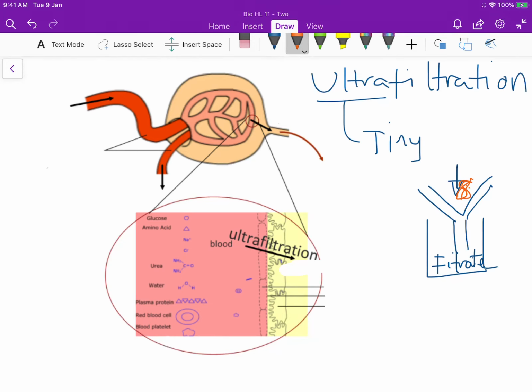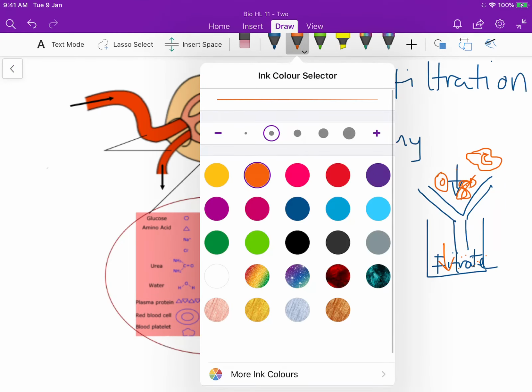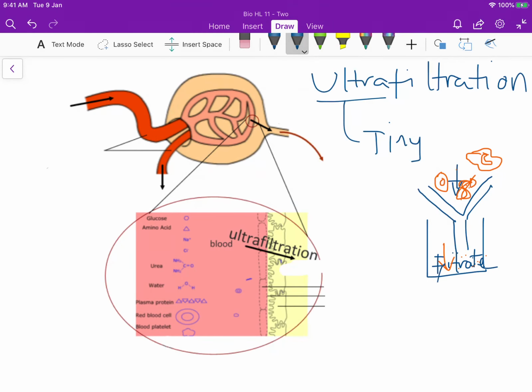Well, actually, let's draw these as a protein and a red blood cell and maybe a white blood cell. Okay, so things are too big to get through, they get stuck. Other things that are small, like salts, and things like we would have as well H2O, we'd have water in there, salts, glucose, things that are too small will go through.